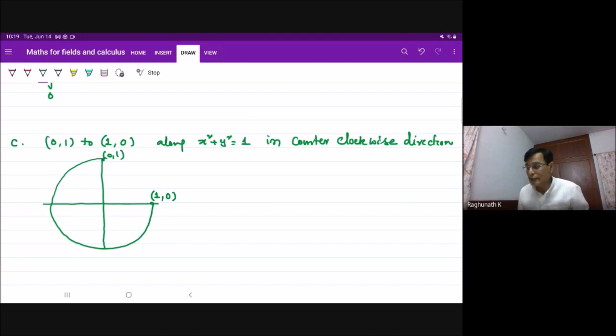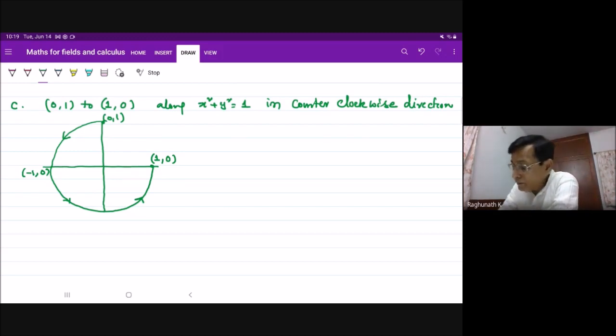This is definitely minus 1, 0. I have to go along this path. Same integral. Please think about it.